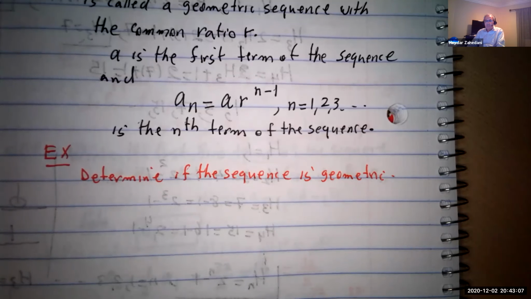So you have to check to see if the ratio of any two consecutive terms is going to be the same number.